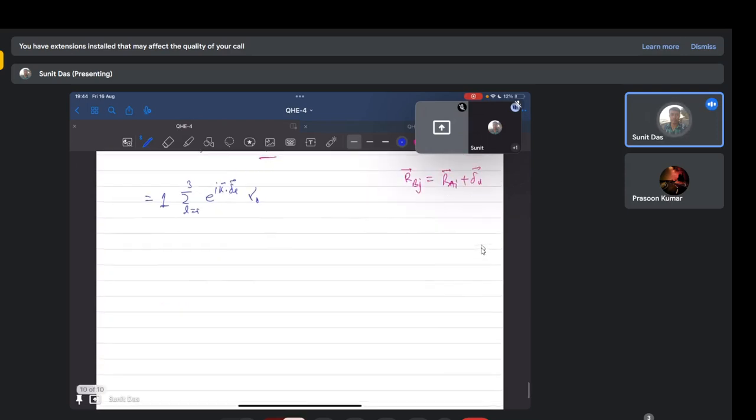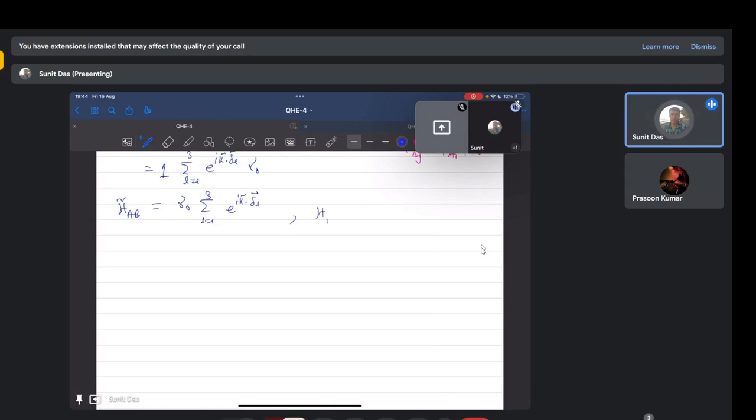Gamma 0 is independent of k, so H_AB tilde is simply gamma 0, sum over l equal to 1 to 3 of e to the power i k dot delta l. And similarly, we can easily find H_BA tilde, which will be gamma 0, sum over l equal to 1 to 3 of e to the power minus i k dot delta l.